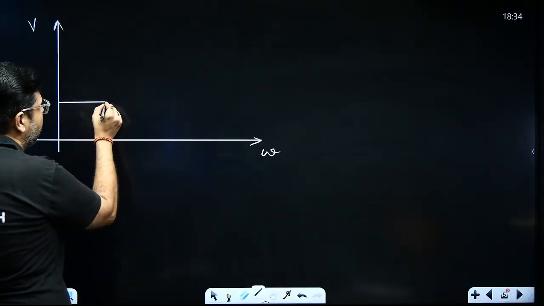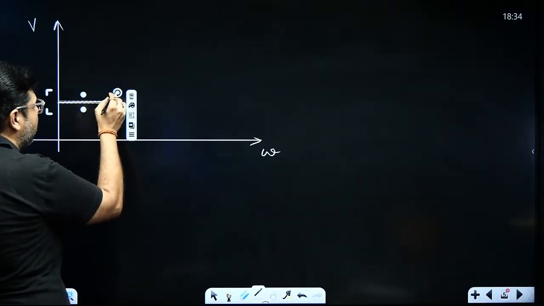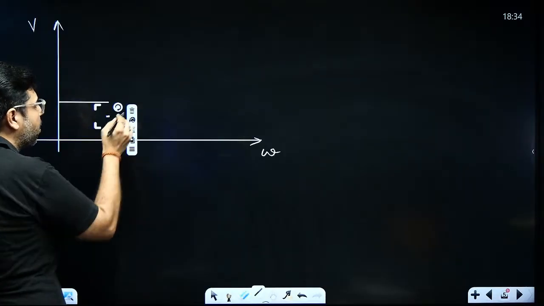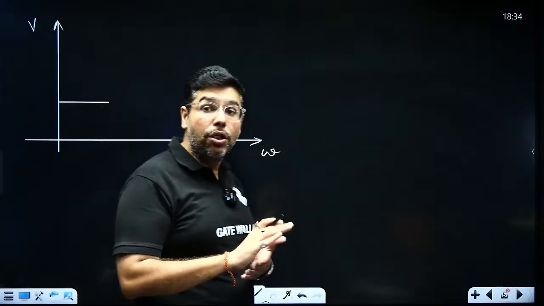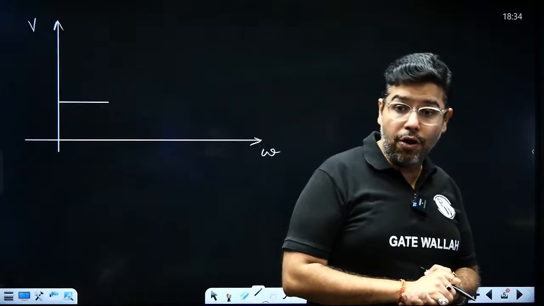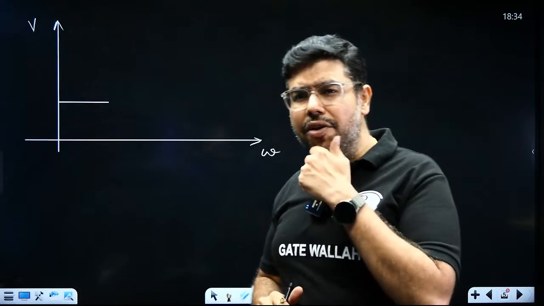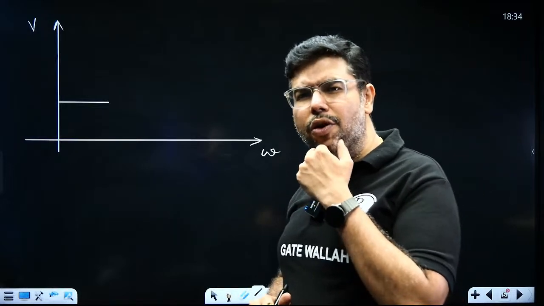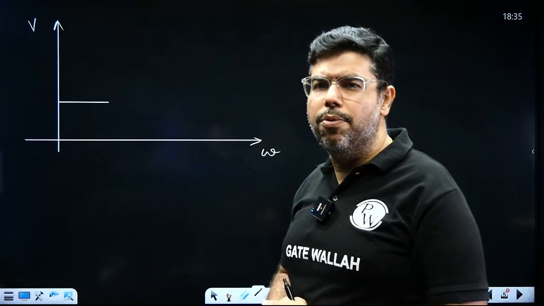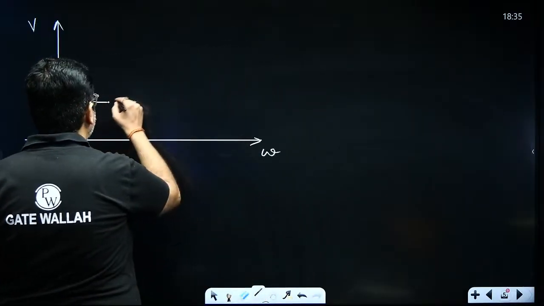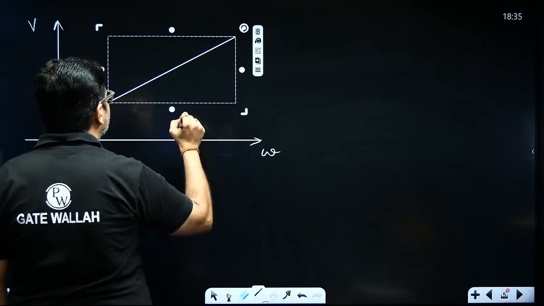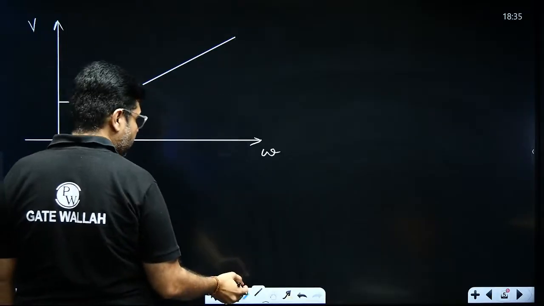The soil will become partially saturated, and there will be a water content at which my soil is just saturated, meaning all the voids will be occupied by water only. Beyond that, if you increase the water content, the change in volume will be proportional to the change in moisture content. Got my point?